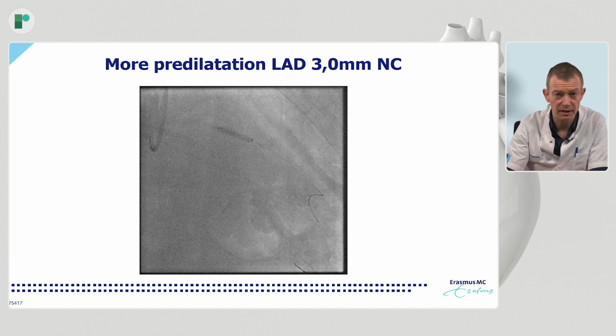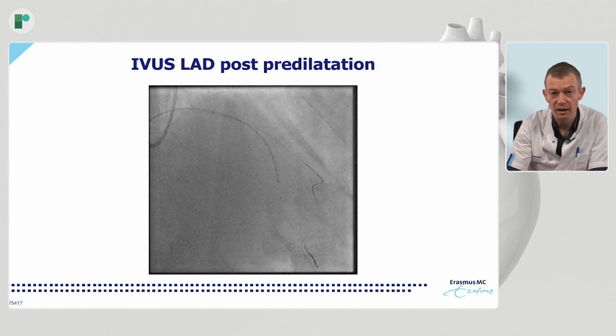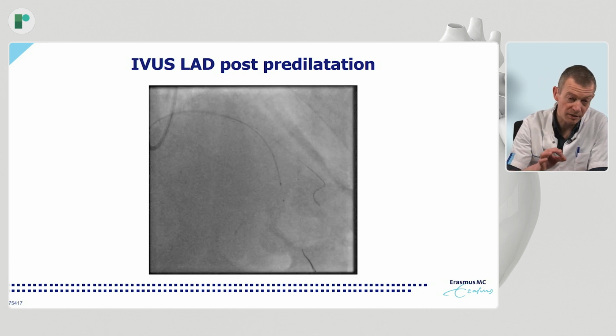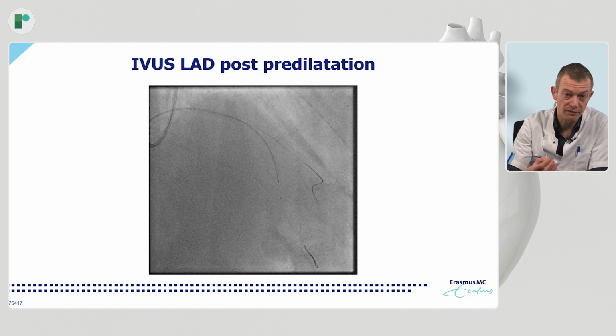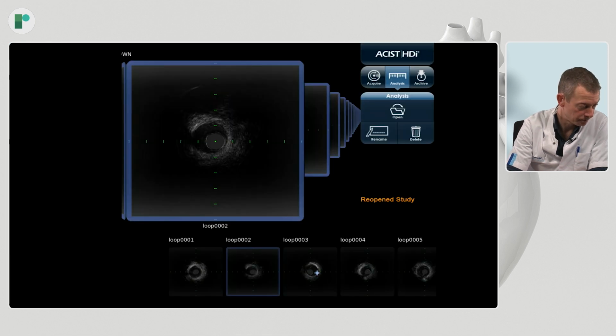In this case, we picked a Trio non-compliant balloon and then simply decided to repeat the imaging and repeat the IVUS to see how this additional ballooning changed this tight plug, concentrically calcified with a minimal lumen area of 3. So I'm going to take you back to the IVUS, to pullback number 3.